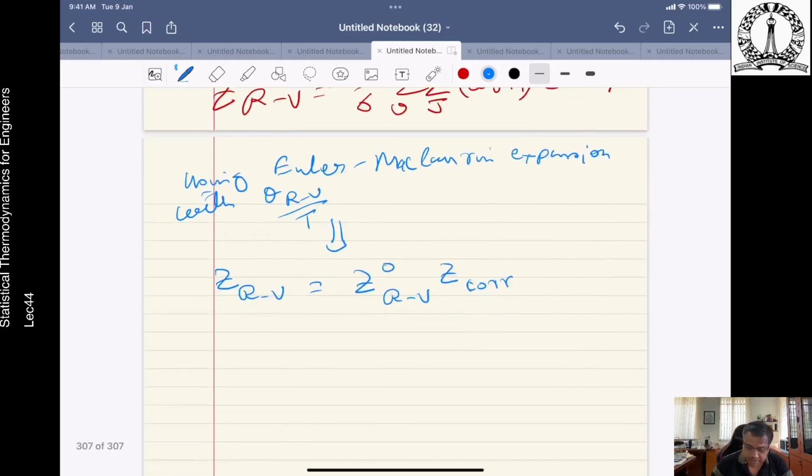Okay, so here, of course, Z RV 0 is given as 1 over sigma, 1 over y, 1 minus e to the minus T.